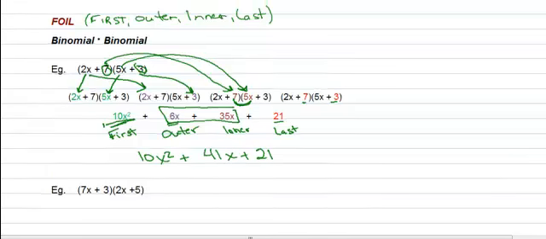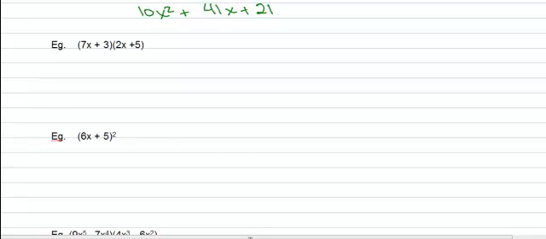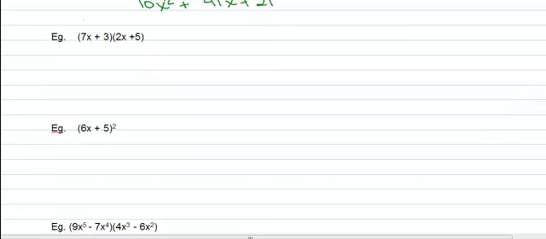So now let's go ahead and look at this next one. So again, we do first 14x squared. I'll just write it out here so you remember. Outer 7x times 5.